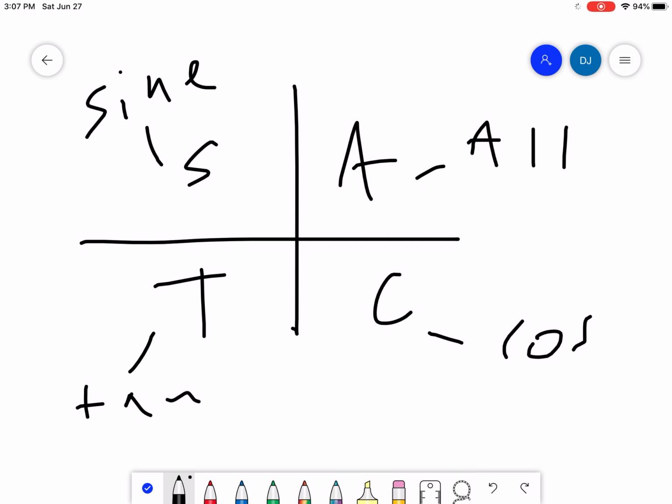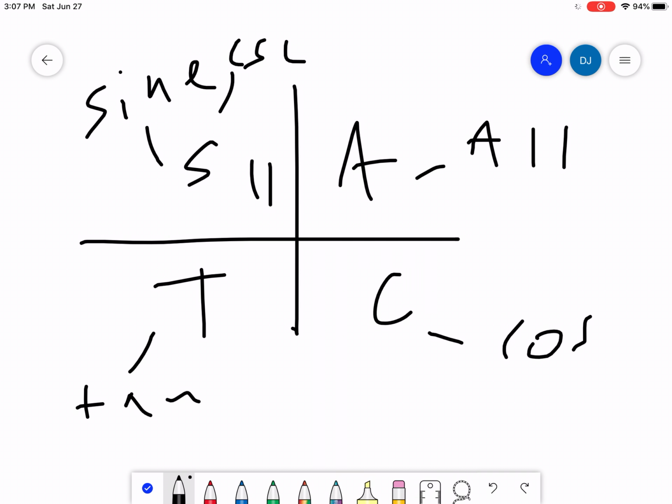This essentially tells you that for A, all trigonometric values will be positive in quadrant 1. For S, sine and its reciprocal, cosecant, will be positive, and the rest of the trigonometric values will be negative in quadrant 2.